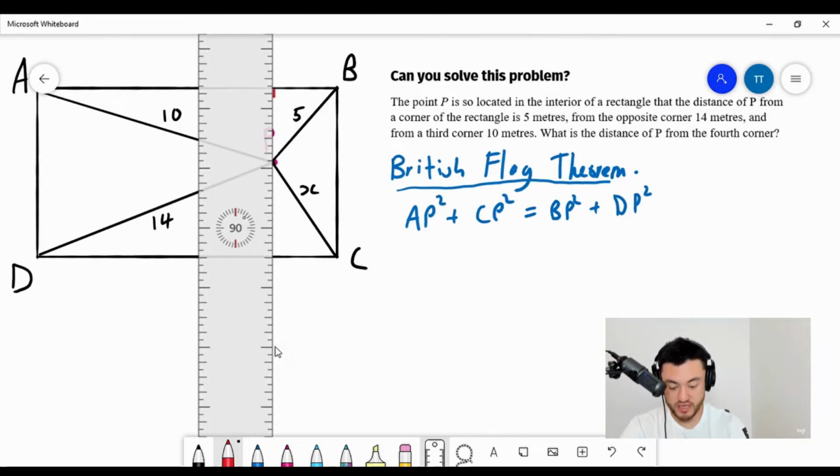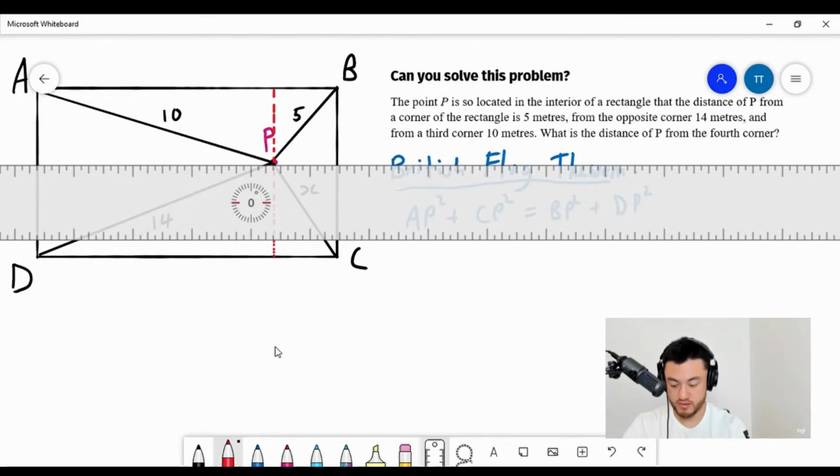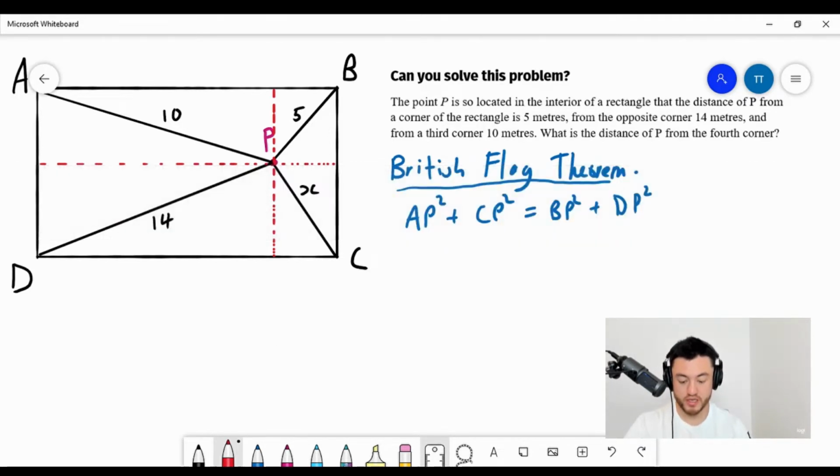So I'm going to add in firstly a vertical line through P that touches the sides of the rectangle, and one horizontal line. So you can see, even though it's not completely symmetrical, it somewhat resembles the British flag.